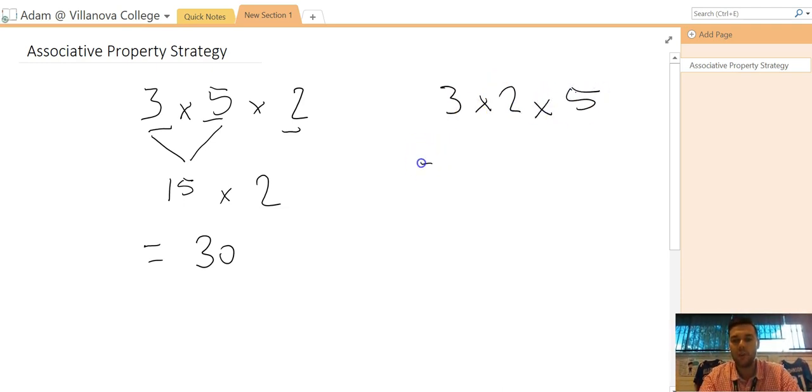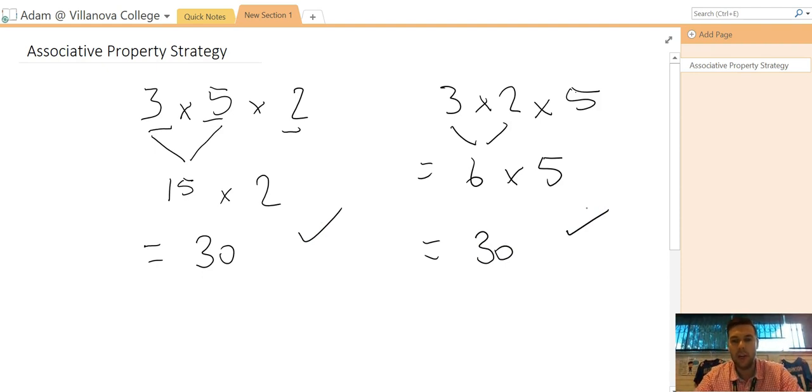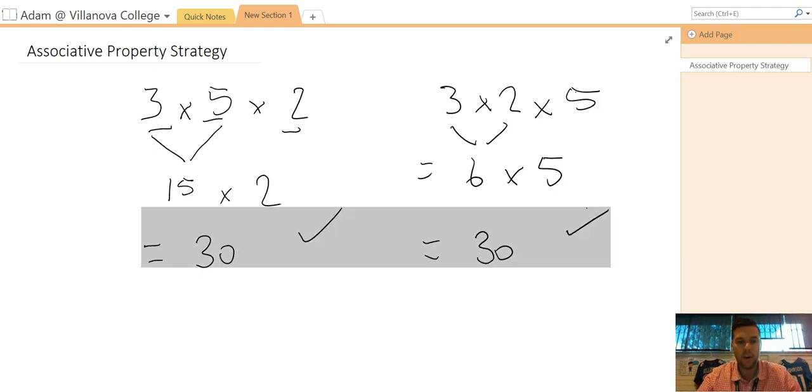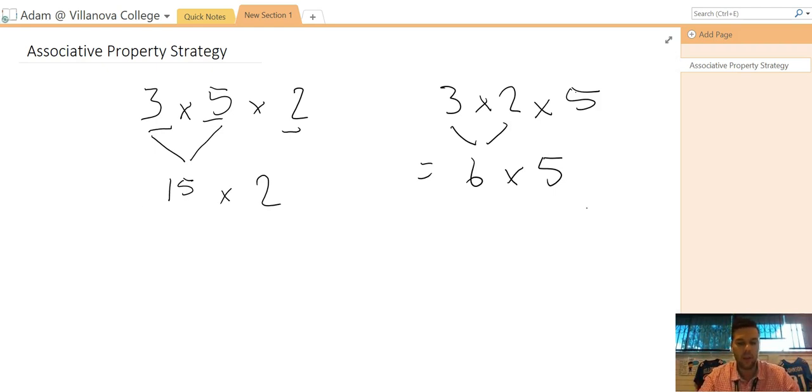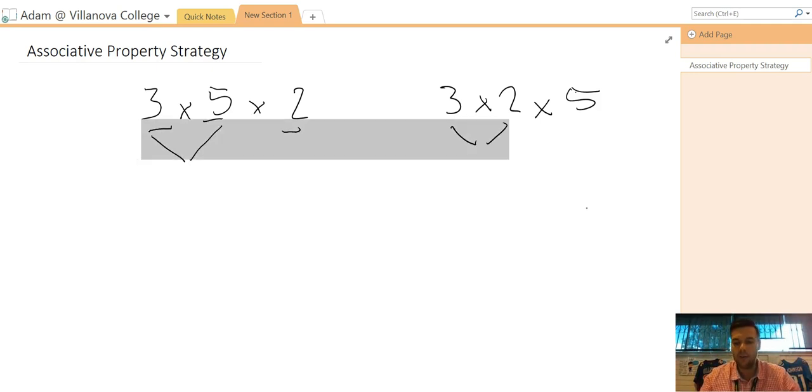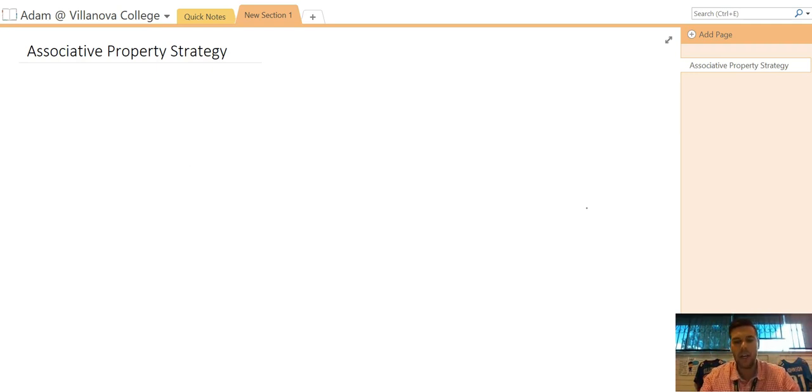So 3 times 2 equals 6, multiplied by 5, and we know 6 times 5 is 30. So that's a tick. It shows that no matter what order we multiply them in, we still get the same answer.